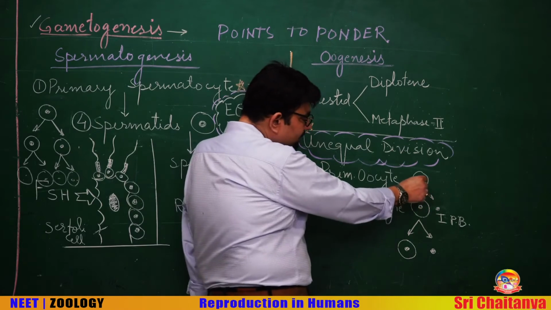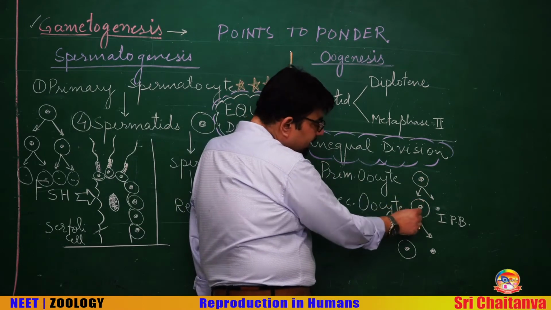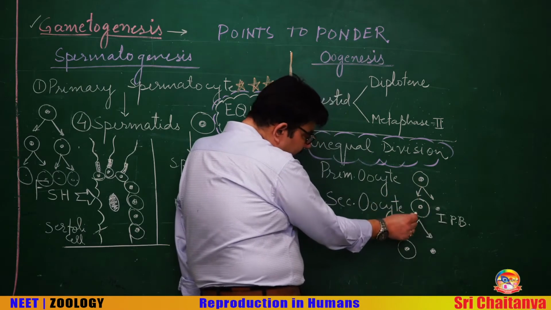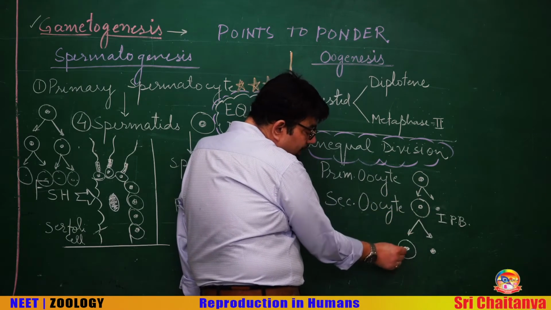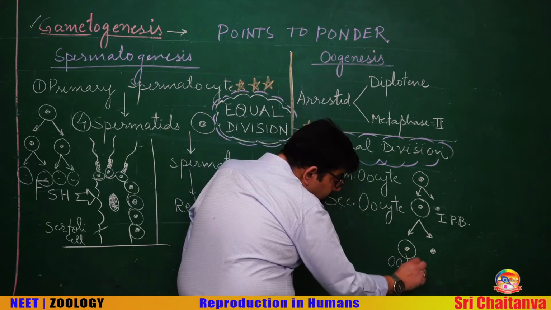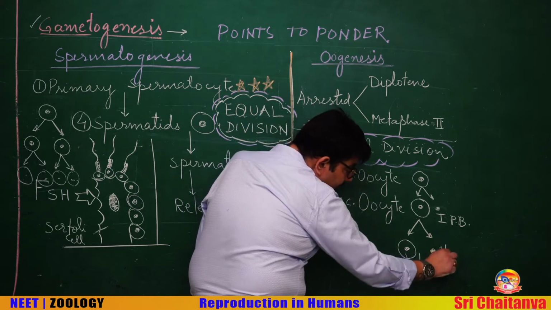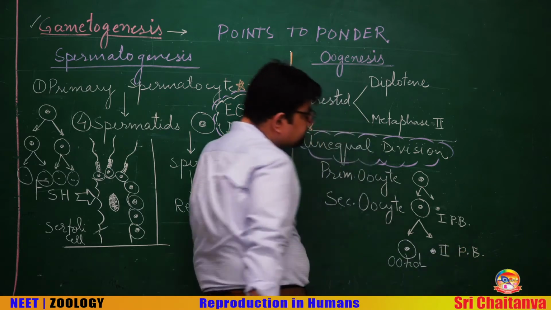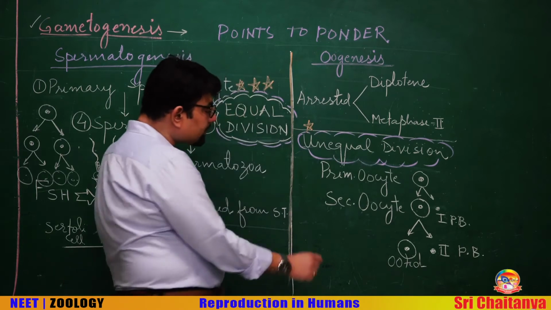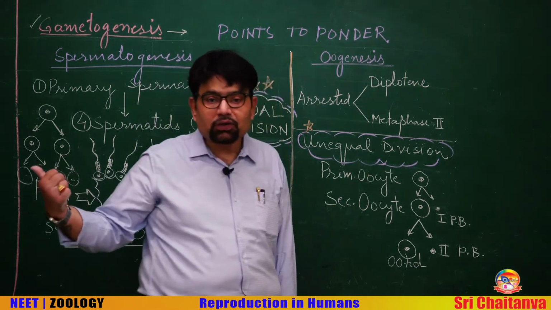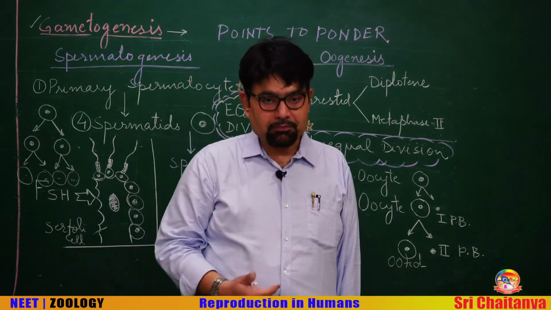One primary oocyte divides to form one secondary oocyte and the first polar body. This secondary oocyte further divides unequally to form one ootid and the second polar body. So here the ratio is 1 to 1, whereas in spermatogenesis it is 1 to 4.